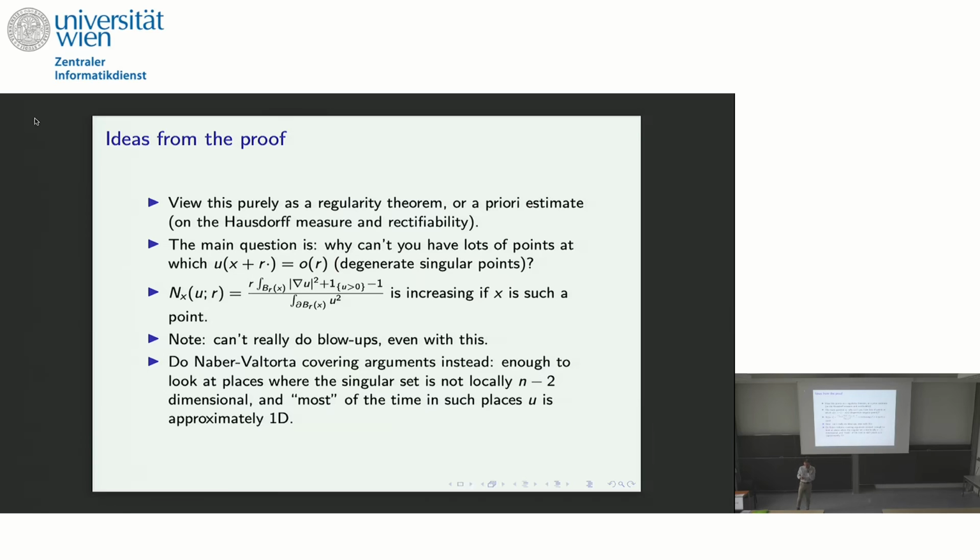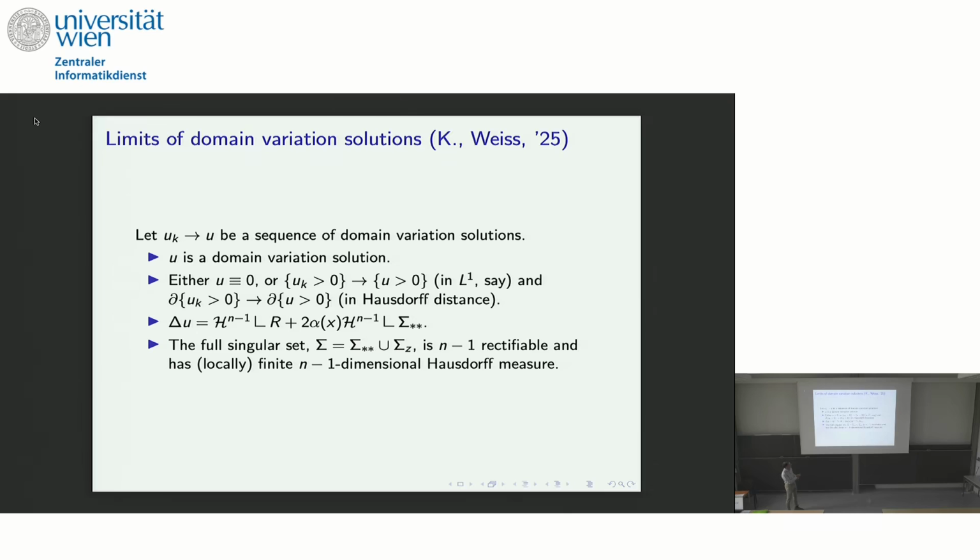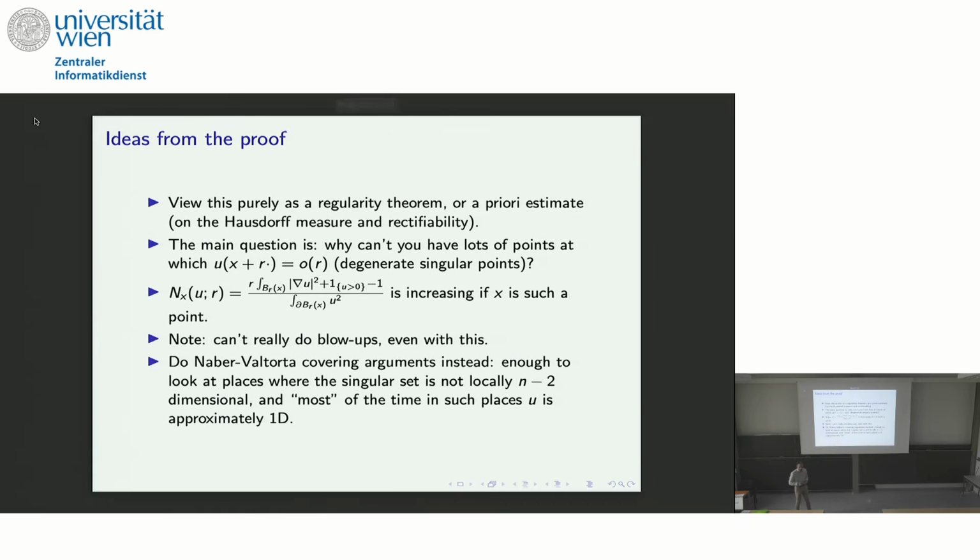I'm trying to prove something about the size of this set, that it's n-1 dimensional. So let me only look at points where it's really large, where I have a lot of points in general position. If it looks n-1 dimensional locally, so there are enough points spanning an n-1 dimensional object, then I can do a compactness argument, kind of like a blow-up argument there.